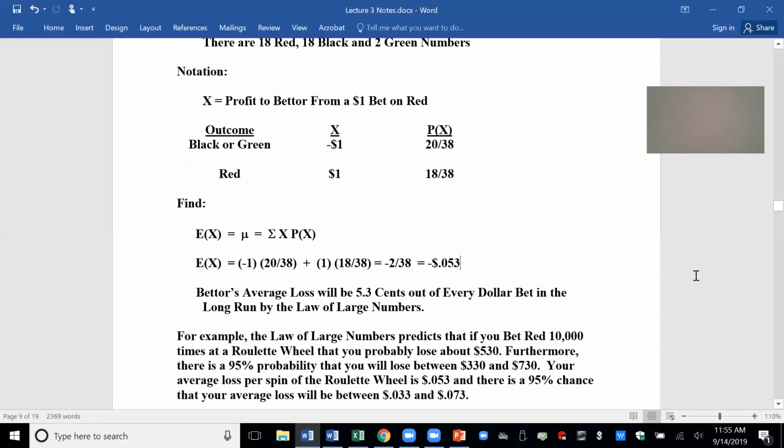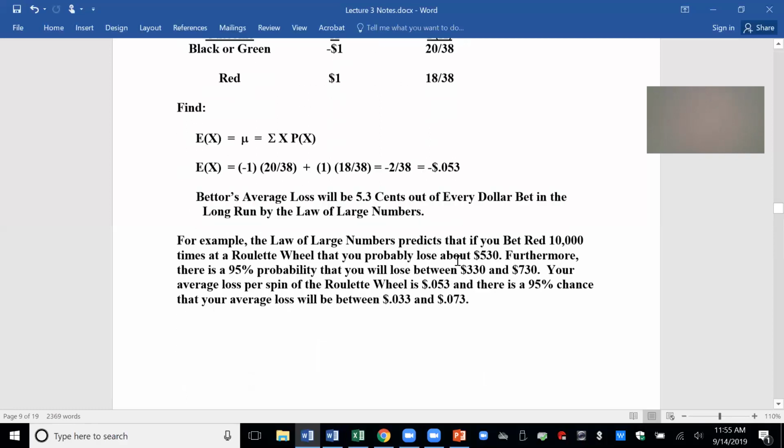This is exceedingly important by the law of large numbers. The law of large numbers guarantees that if you play roulette and bet on red over and over many times, with a very high probability, your average loss per play will be around 5.3 cents per play.